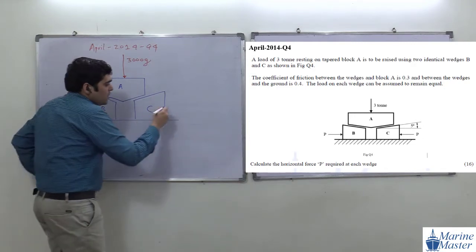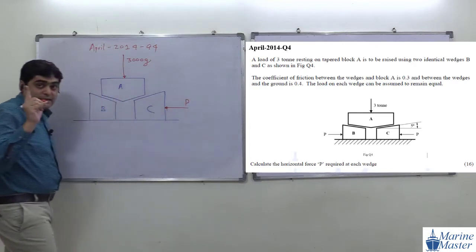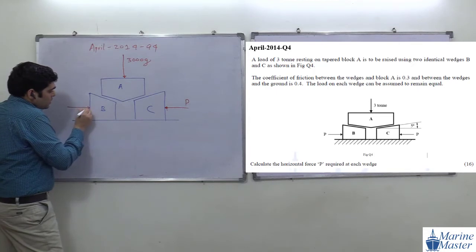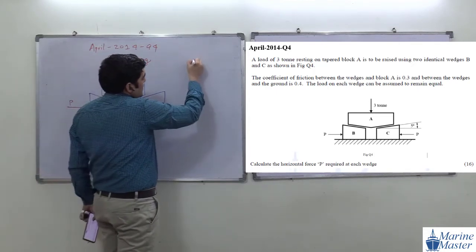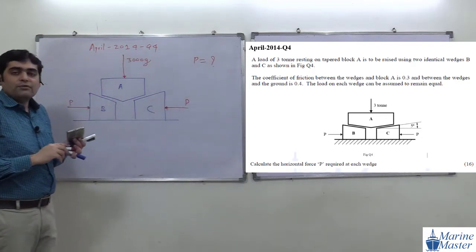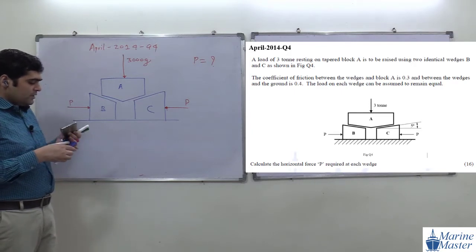On both sides we have force P. Sometimes force is denoted by P, so don't get confused. In this question, what is our target? We have to find out P.